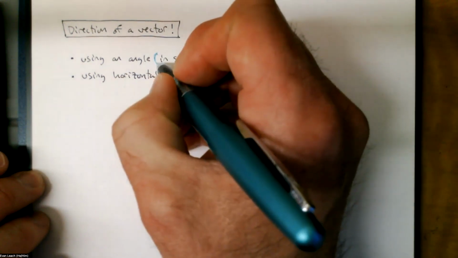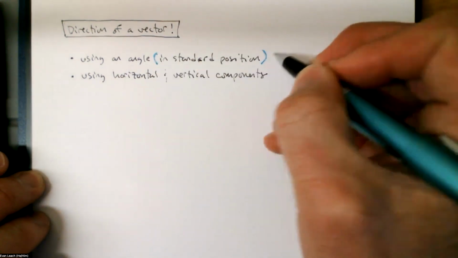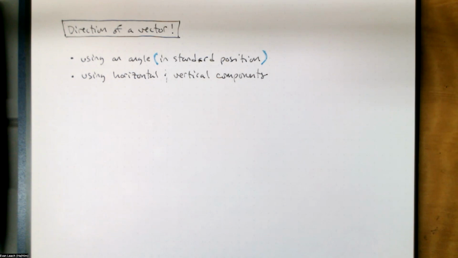We're not always going to be in standard position. I suppose if we have something like heading, then that would be different than standard position. But we might denote the direction of a vector with an angle or with horizontal and vertical components.